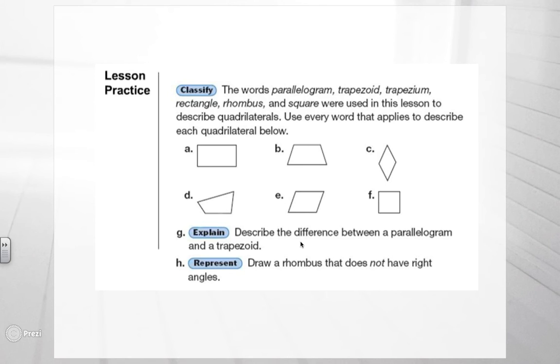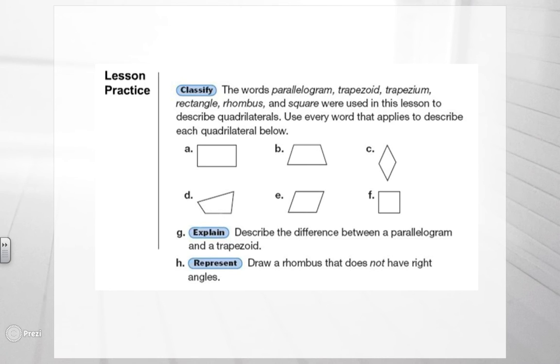So here's your lesson practice. Use the words parallelogram, trapezoid, trapezium, rectangle, rhombus, and square that were used in this lesson to describe quadrilaterals. Use every word that applies to describe each quadrilateral below.